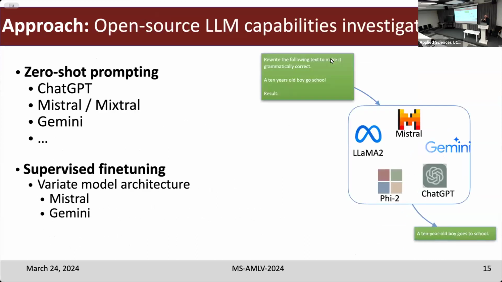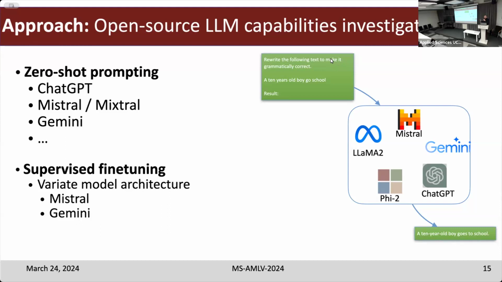Another thing that we would like to try is to take this approach we investigated previously, train open source models, and check how other models perform in the same setup, to prove that this recipe works for other models as well.